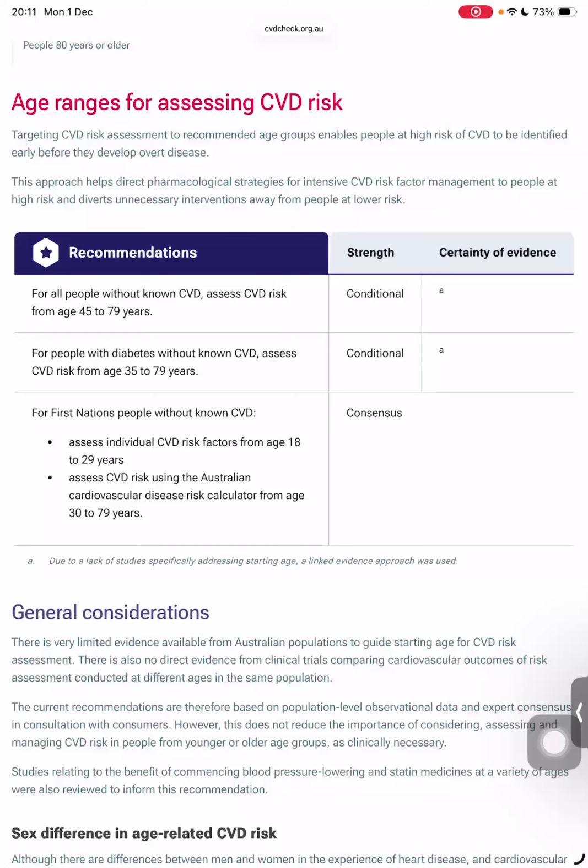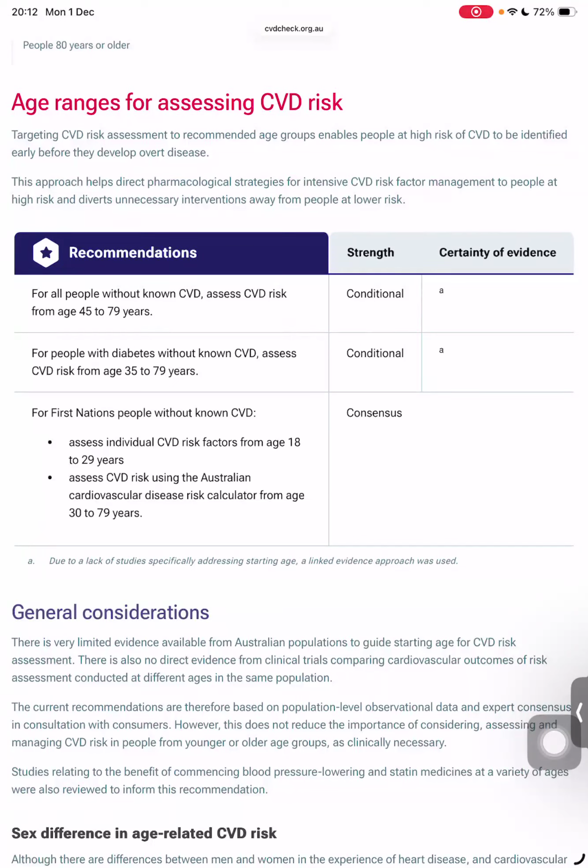The second one, people who already have diabetes but without cardiovascular disease, assessment should start from age 35 to 79 years old.